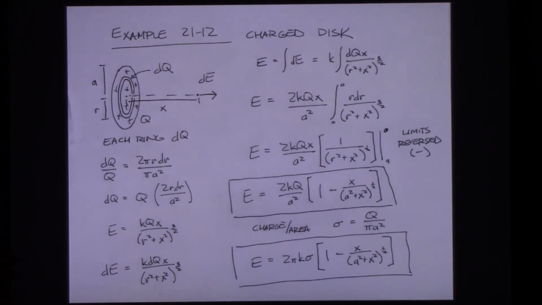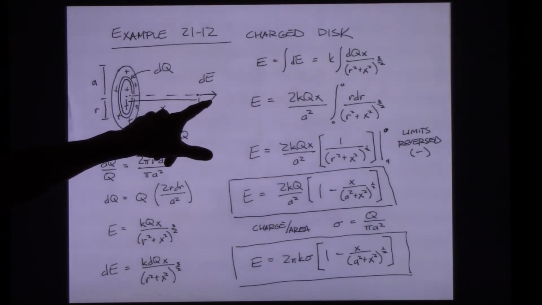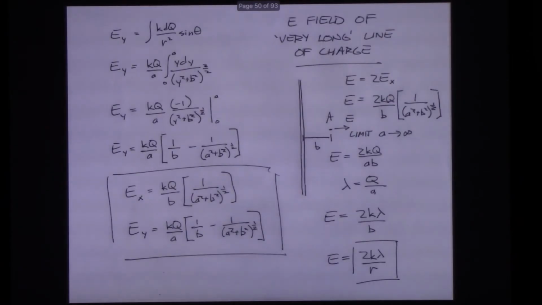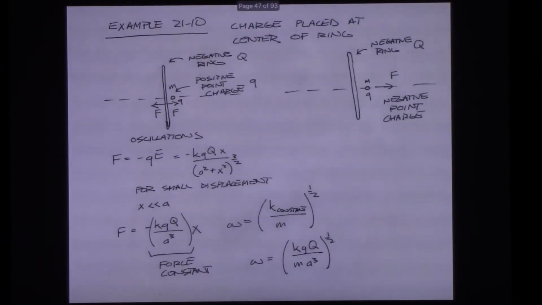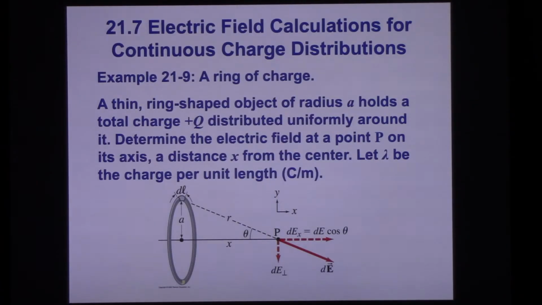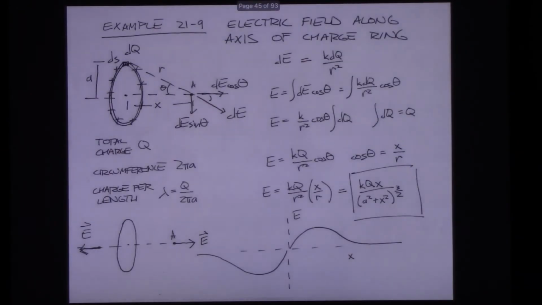Now, the other item we have to write down here is how much dE will I get from each ring? Well, we solved that problem back here in example 21.9. We solved the problem of what's the electric field due to a ring of charge.